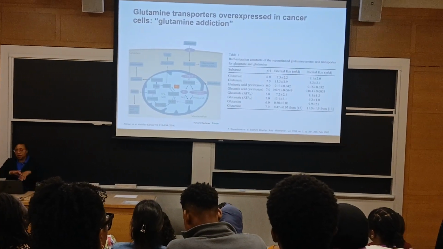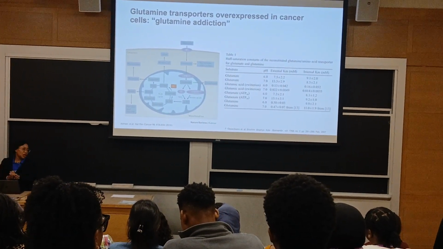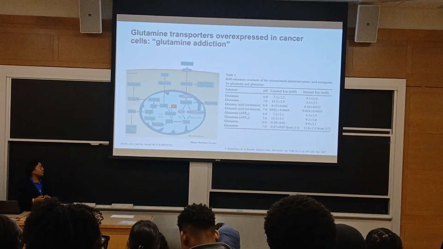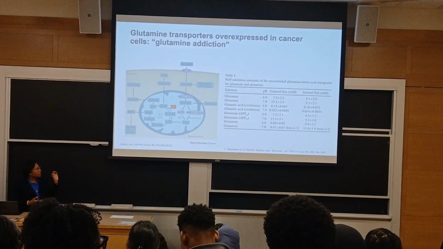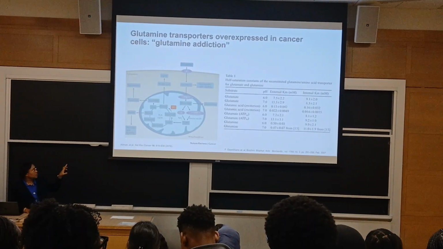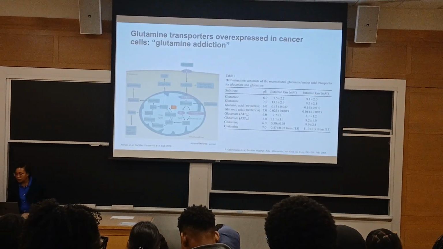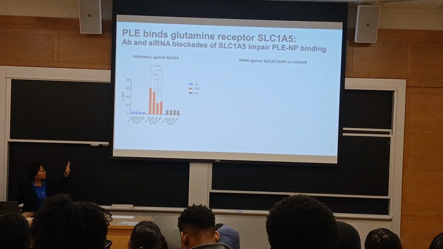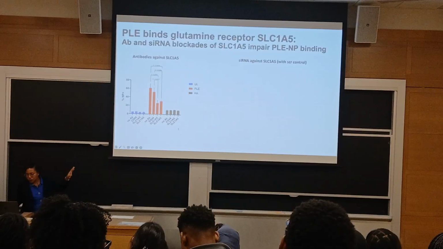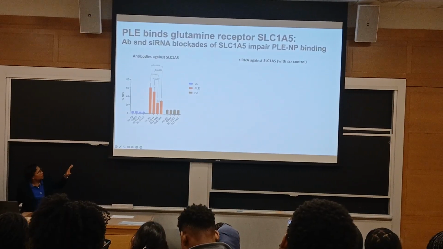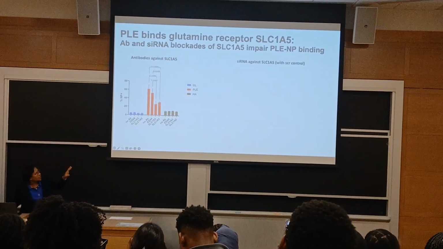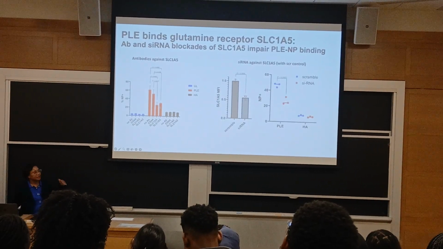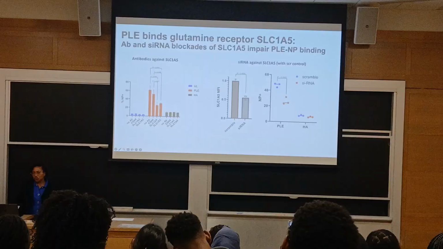So we think that in this brushy form of polyglutamic acid absorbed on the surface, we have something that is binding the glutamine transporter. And Ivan did do work to show that indeed that is what happens. He can systematically block the glutamine receptor transporter and find that he gets less uptake. And he can use siRNA to knock it down and find that nanoparticles aren't taken up as much.